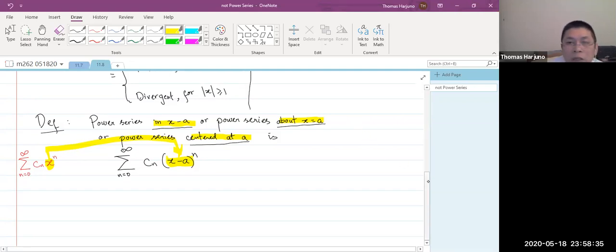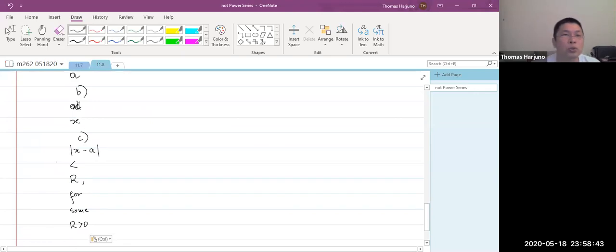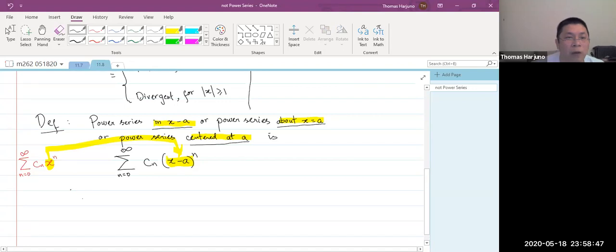Now, the thing is, this power series has only 3 possibilities for convergence.